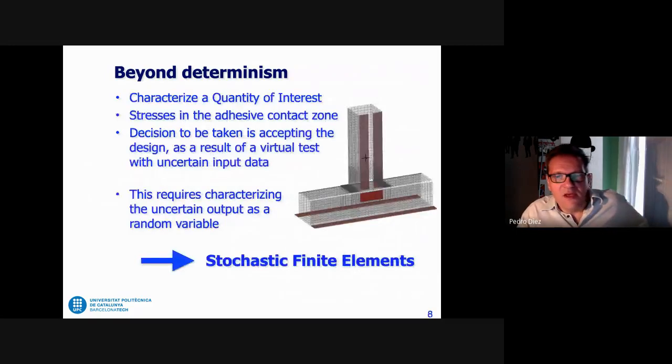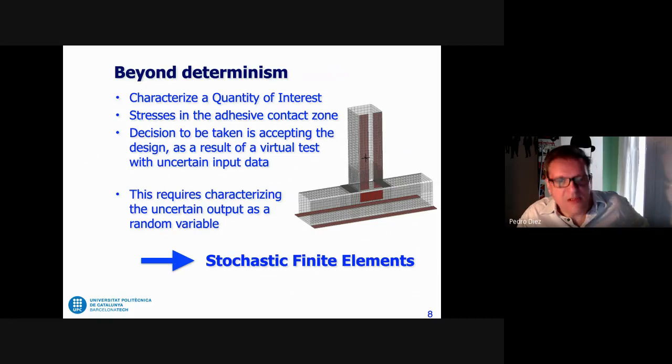And we have to characterize quantities of interest, which in this particular case of the benchmark problem results in some average stress or plastic deformation in this zone, which is particularly critical in this structure because there is an adhesive contact zone.